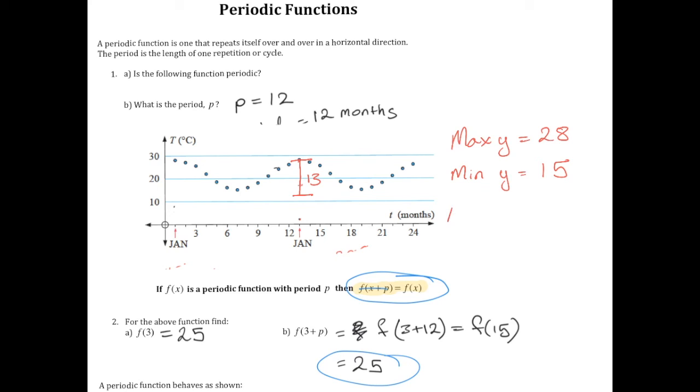So girls, see how the amplitude is the maximum y value, 28, minus the minimum y value, 15, which does become 13, just like you guys told me. But I need to divide that by 2, so it's 13 on 2, or in other words, 6.5, to get an amplitude from about here to approximately there, approximately. That's the amplitude. From the top to halfway, or the bottom to halfway.